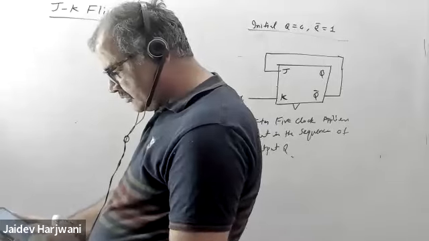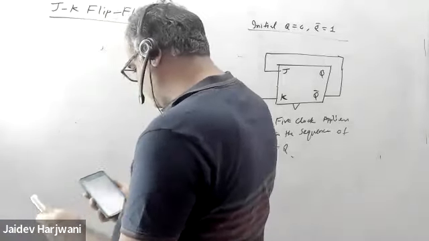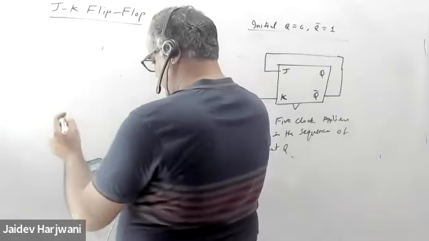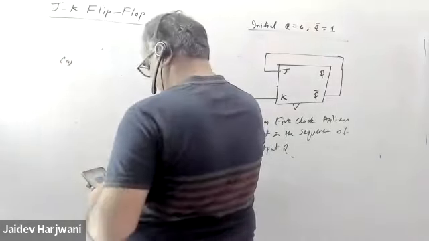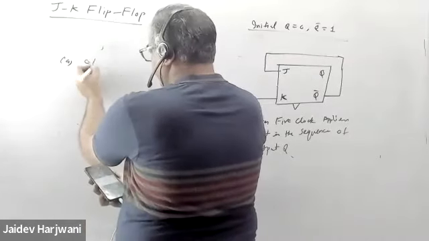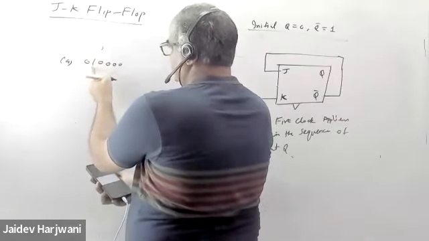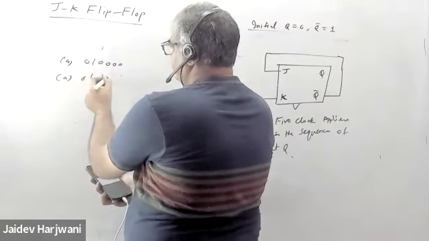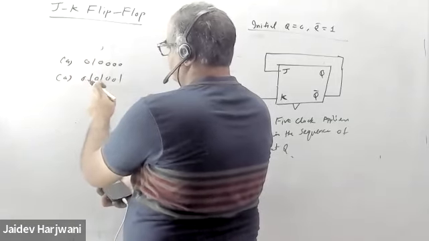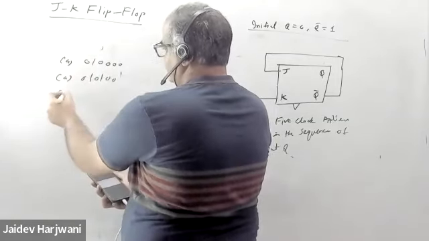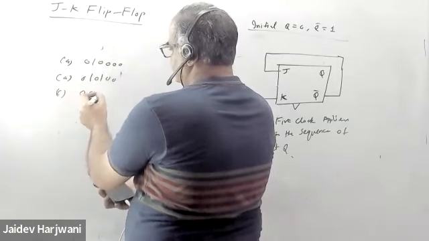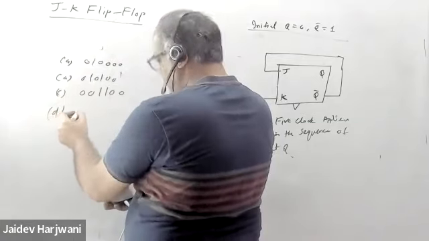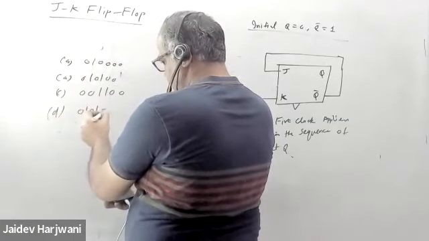Options are given. Option A is 0 1 0 0 0 0, then B is 0 1 0 1 0 0, option C is 0 0 1 1 0 0, and option D is 0 1 0 1 0 1.